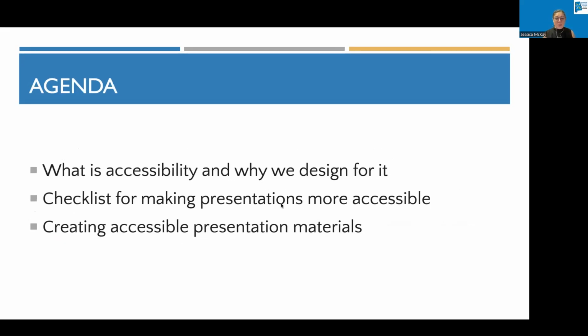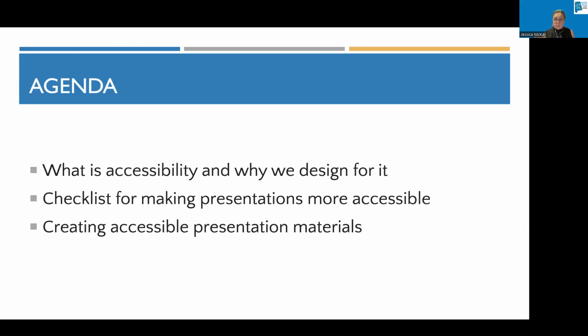Okay, so next we want to talk about what we're actually doing here today and what we're going to be covering. First, we want to make sure we all have a good understanding of the definition of accessibility that we're working with today, and why we feel it's important to design for accessibility. Next, we're going to go over a checklist for general guidelines in making your presentations and trainings more accessible.